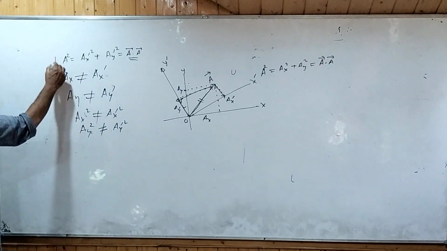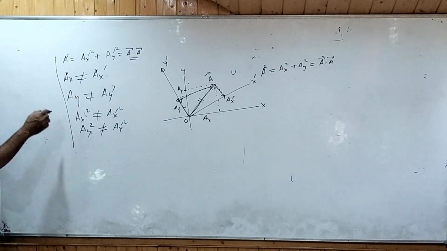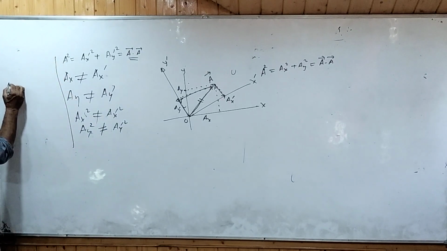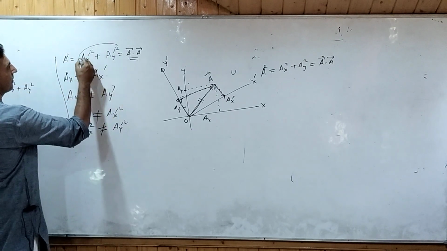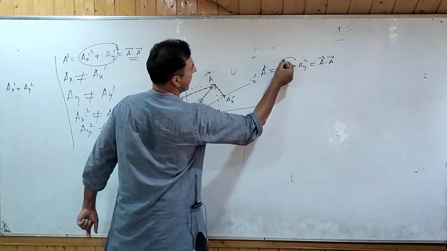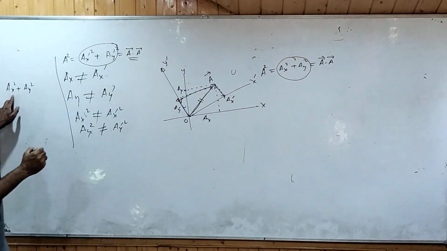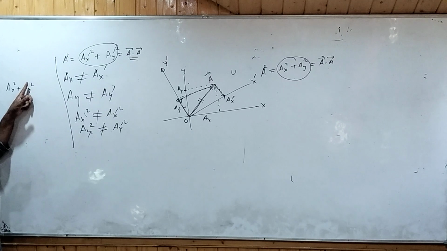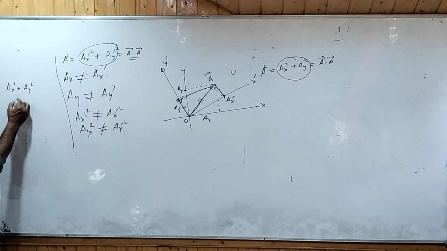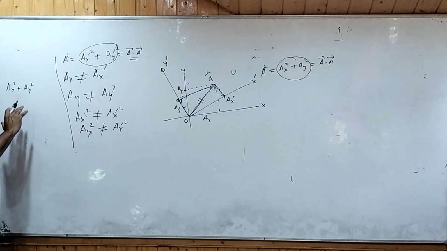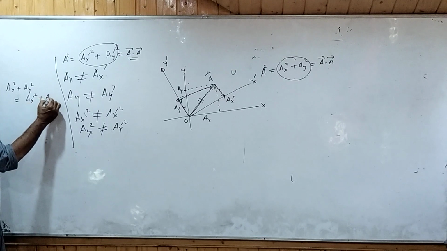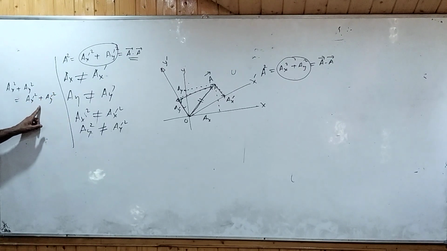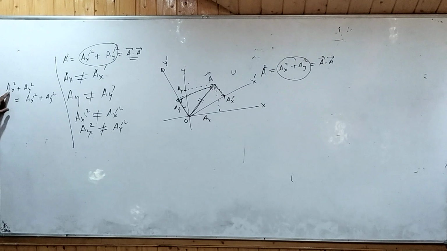But as a matter of coincidence, what is equal? Ax square plus ay square, the sum of the squares of the components in the original coordinate system, is equal to the sum of the squares of the components in the rotated coordinate system. Again I will explain.